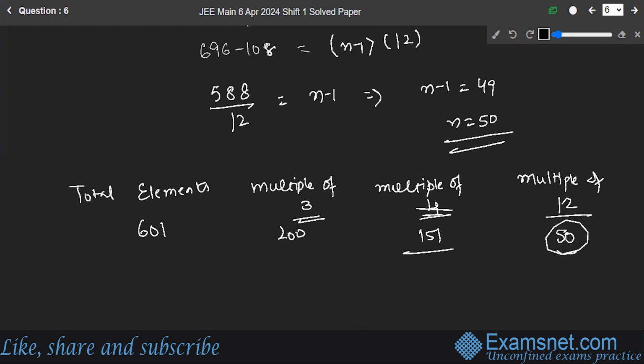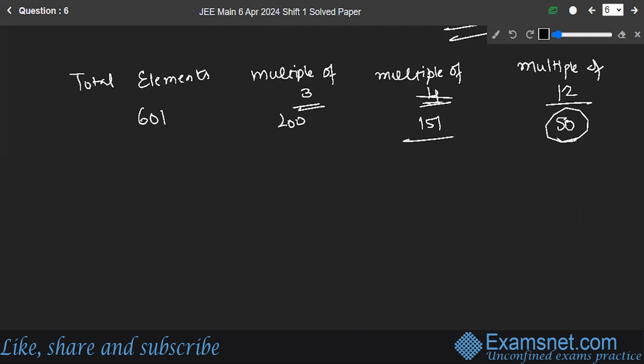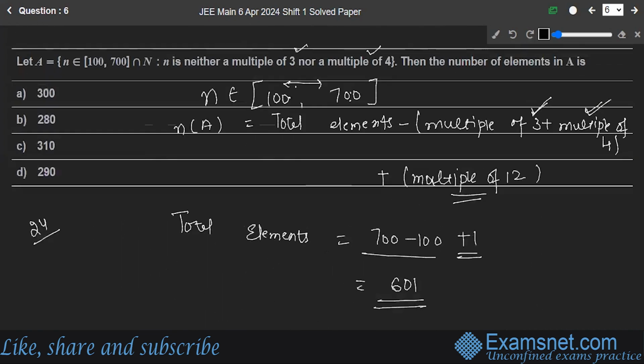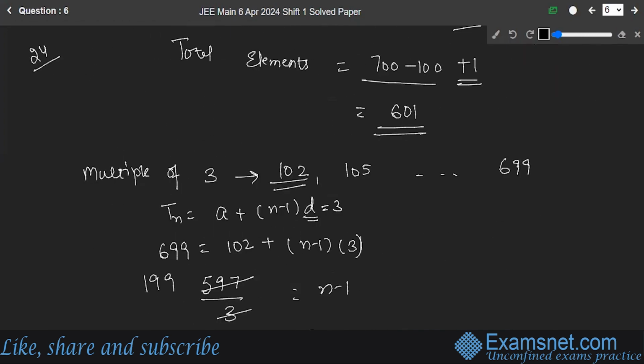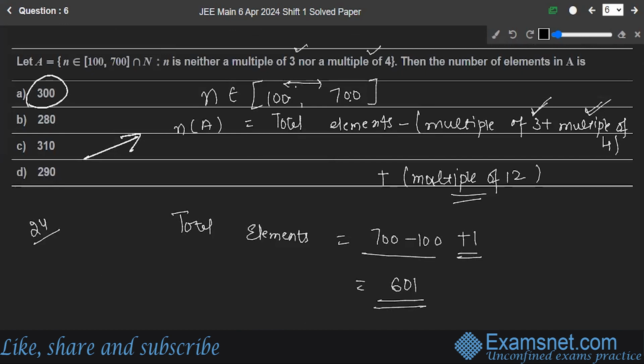Okay. So now what is the total number of elements in set A? We just had the formula here, so let's use this. This is equal to 601 minus 200 minus 151 plus 50. On solving, this will give you 300. So this is the answer to the question, first option. This is the right answer. Hope you got that. Let's move to the next question then.